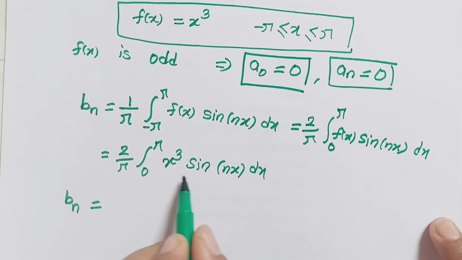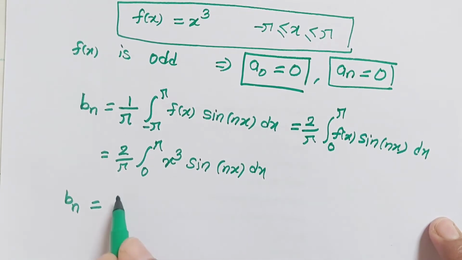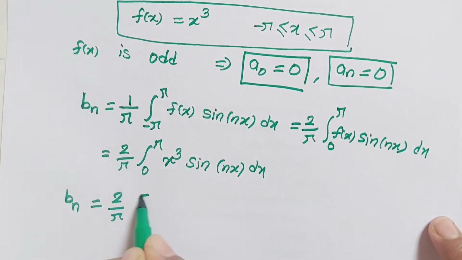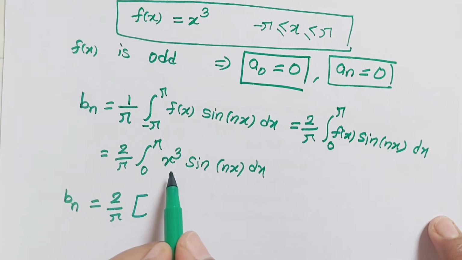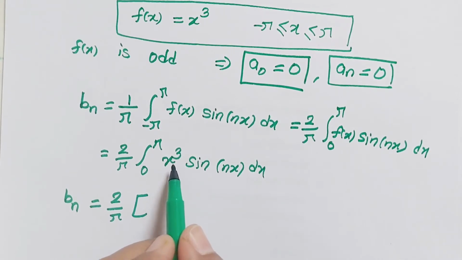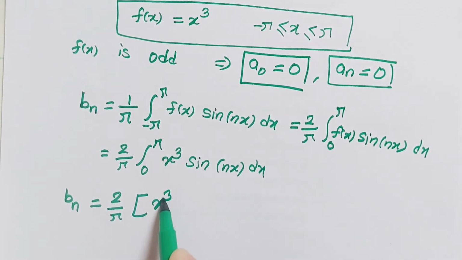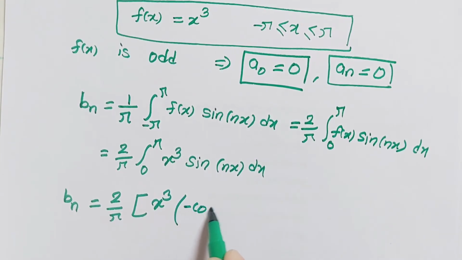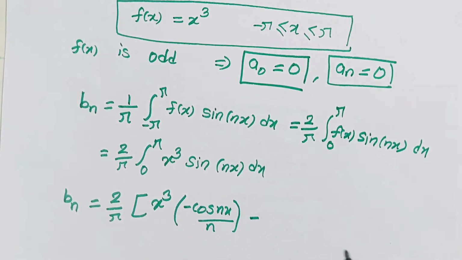Here we have to use the continuous integration by parts formula so that we get the direct answer, which I have already discussed in the first lecture. So here x cube first term as it is, integration of second term, integration of sin is minus cos nx divided by n, alternate plus minus.